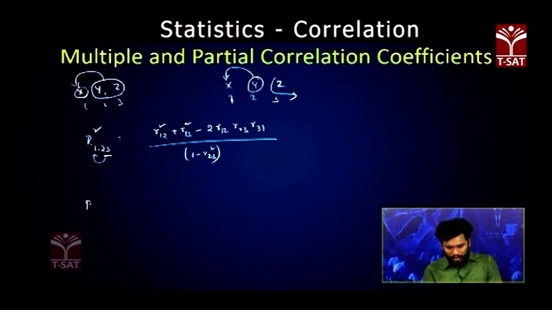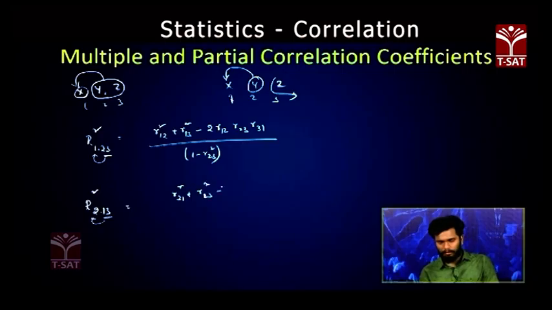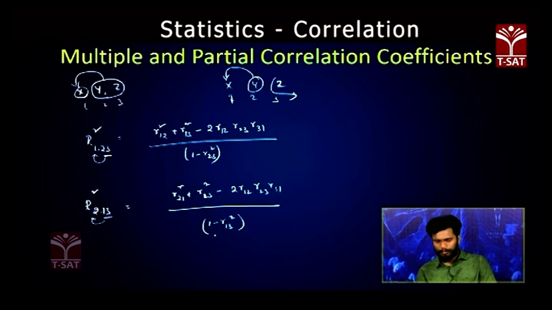The same way R2.13 square represents the combined effect of variables 1 and 3 on the second variable, and it is given by R21 square plus R23 square minus 2 into R12, R23, R31 divided by 1 minus R13 square.